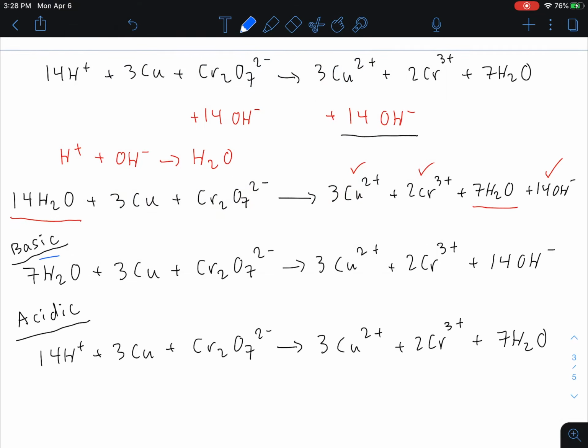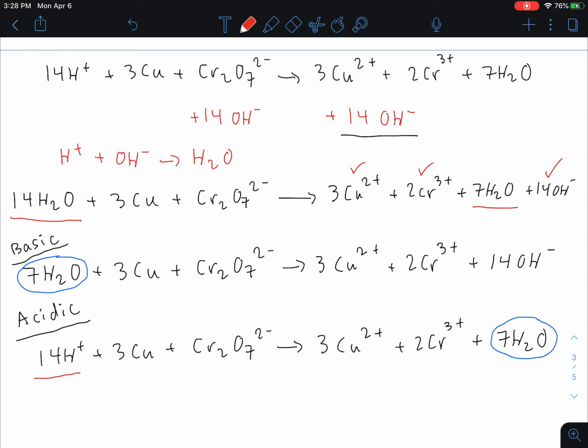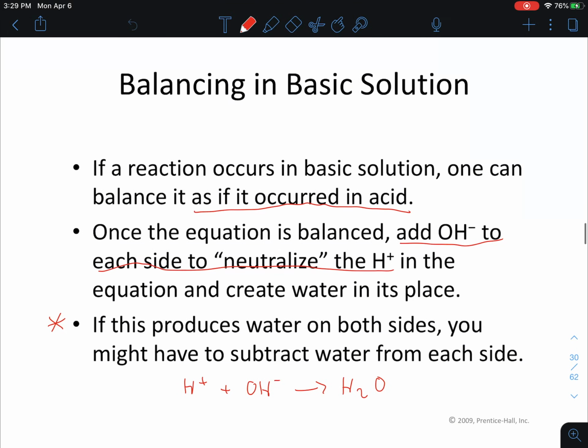If you're looking to see what happened, the water switches sides between acidic and basic, and the H plus on the left became hydroxide on the right. So that's really the protocol most people follow. If I have acidic and I want basic, I move water to the opposite side, and then however many H pluses I have on one side, I put that number of OH minuses on the other side.